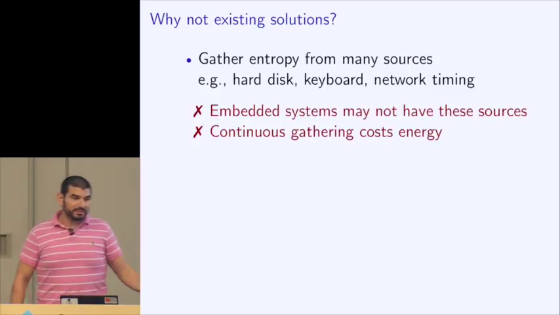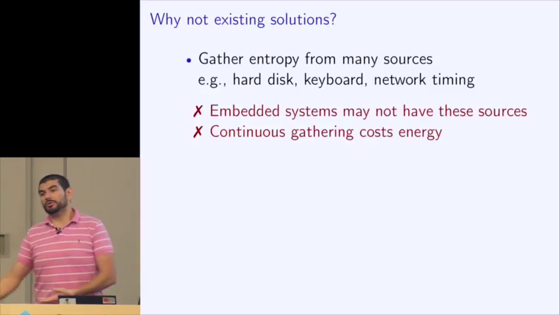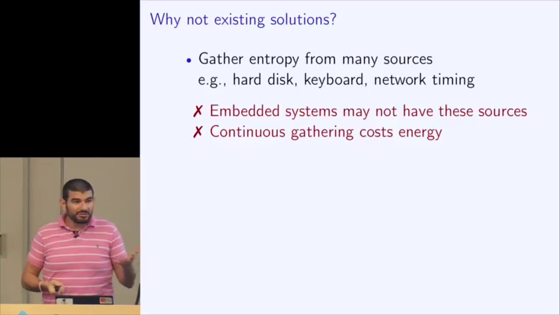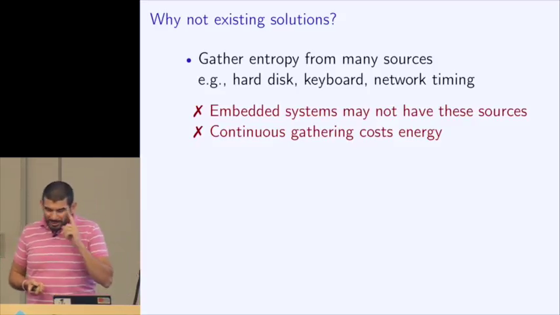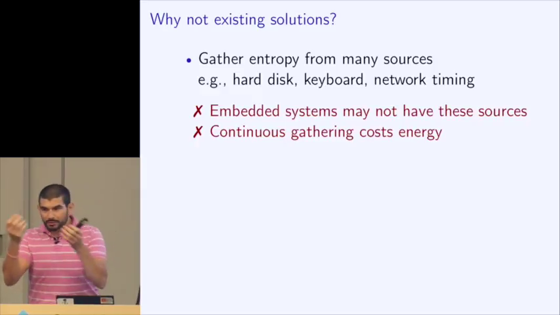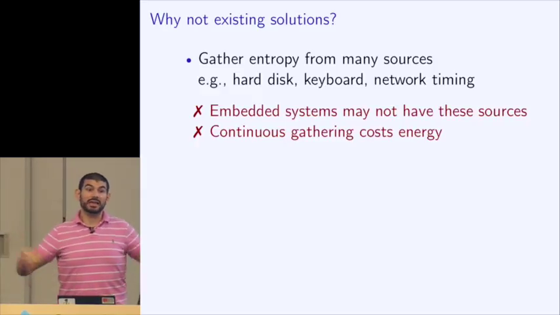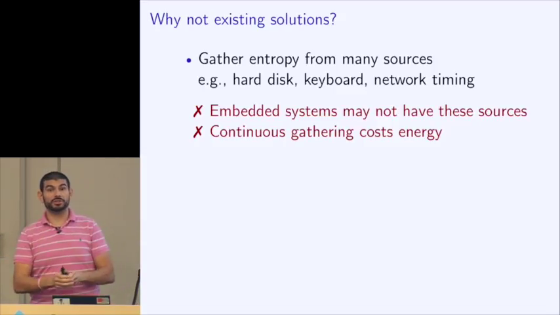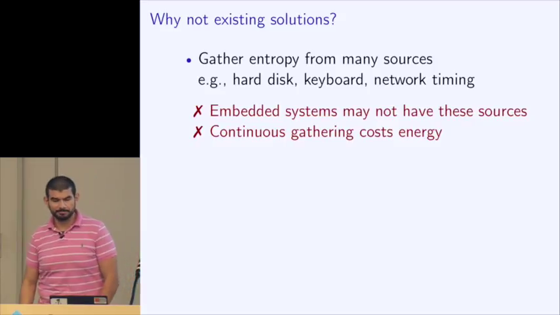But unfortunately in embedded systems, well, we don't have many of these things, right? There's no keyboard attached to the mote that's on the wall, and so there aren't these sources. And even if we did have such sources, there would still be a problem. Because look, now we're gonna have to be constantly gathering little dribs and drabs of entropy from these things, and so really spending energy constantly to try and get enough entropy to securely generate random numbers.